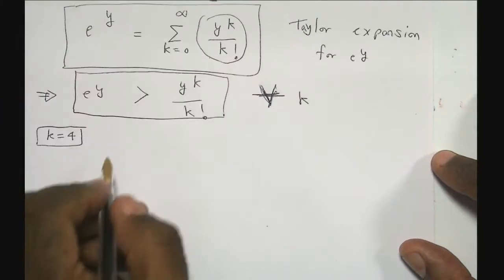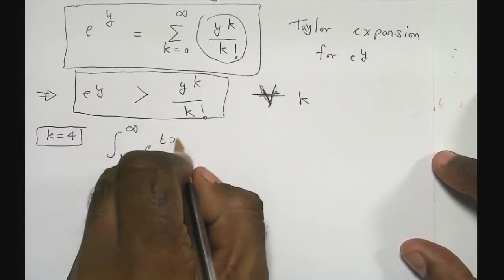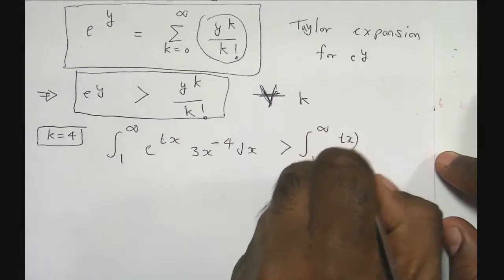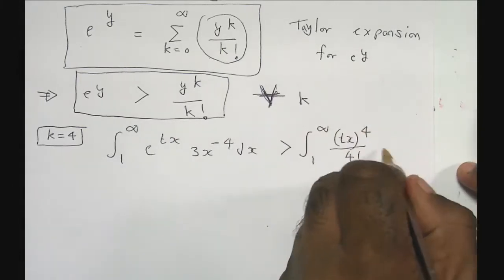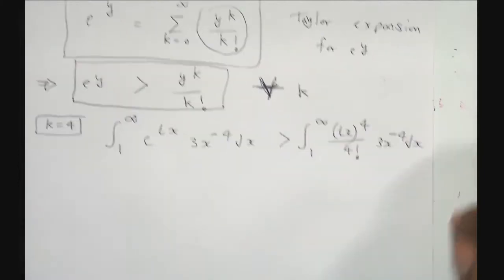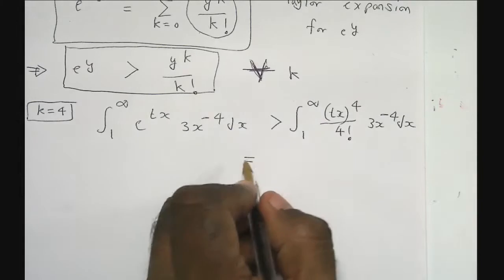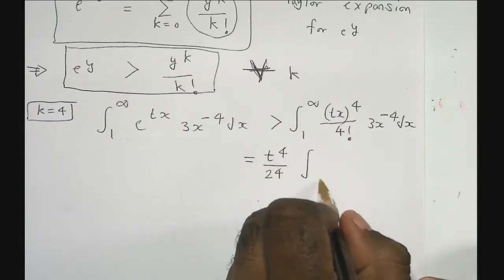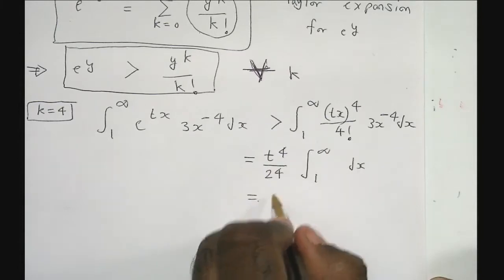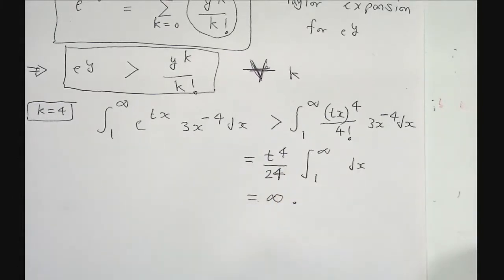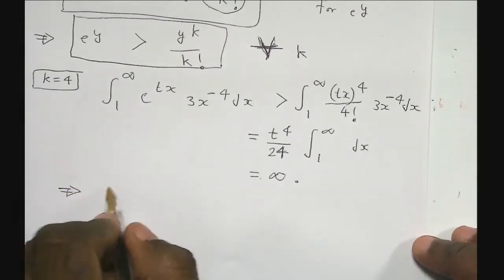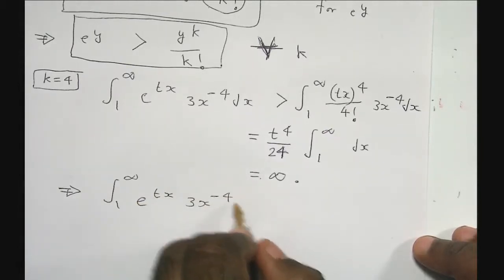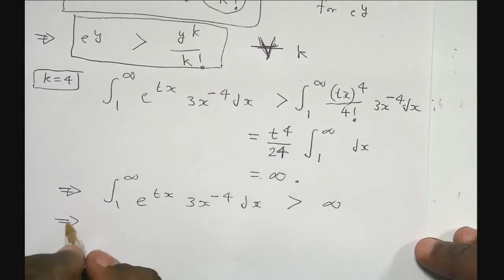Then this guy here, the integral from 1 to infinity of e^(tx), is greater than this, and this is equal to this.